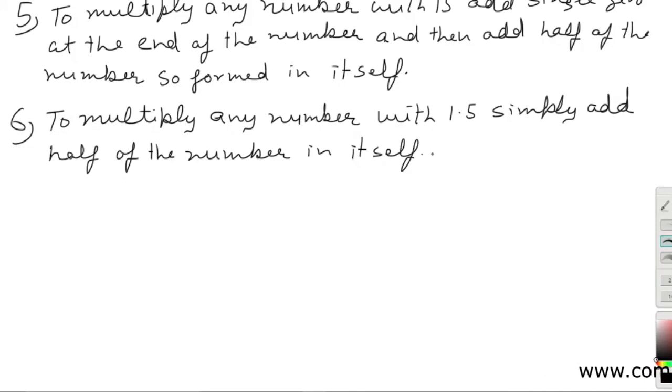To multiply any number with 1.5, simply add half of the number to itself.